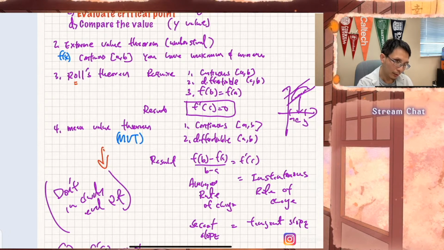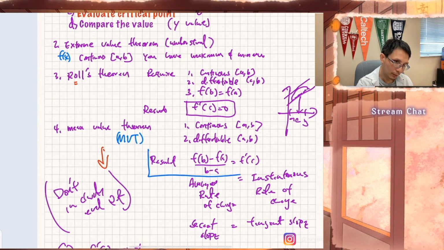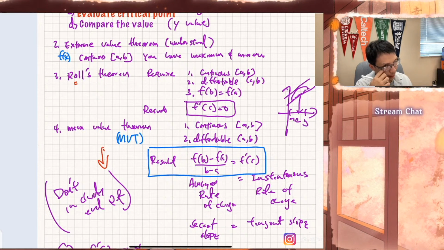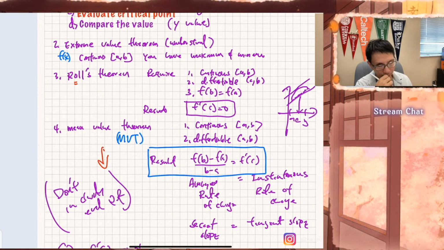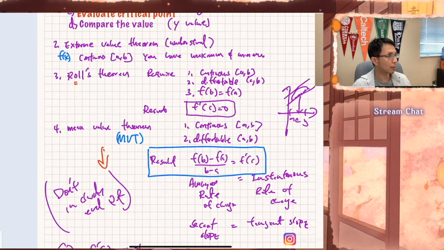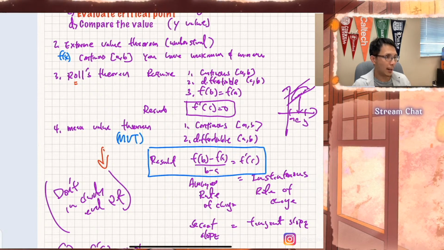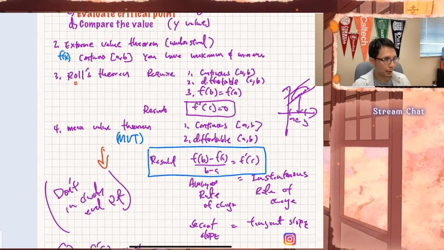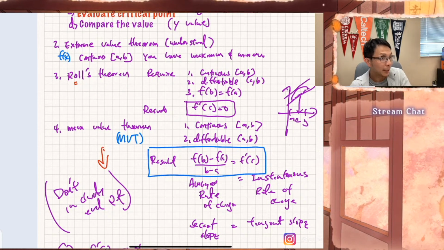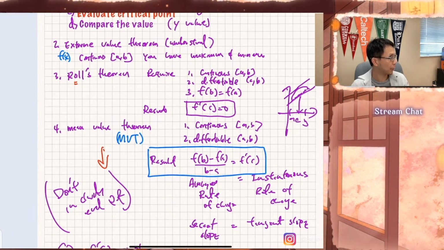What is that different to? How's that different to the first thing? Extreme value theorem? No, the first one. Oh, critical value? Yeah. So one of the things they ask is, what's the difference between Rolle's theorem and critical value? Rolle's theorem does not apply if F prime of C is equal to undefined, but critical value does.